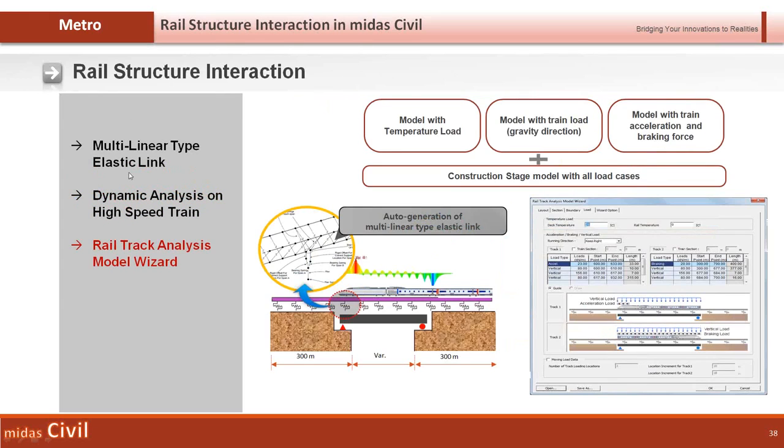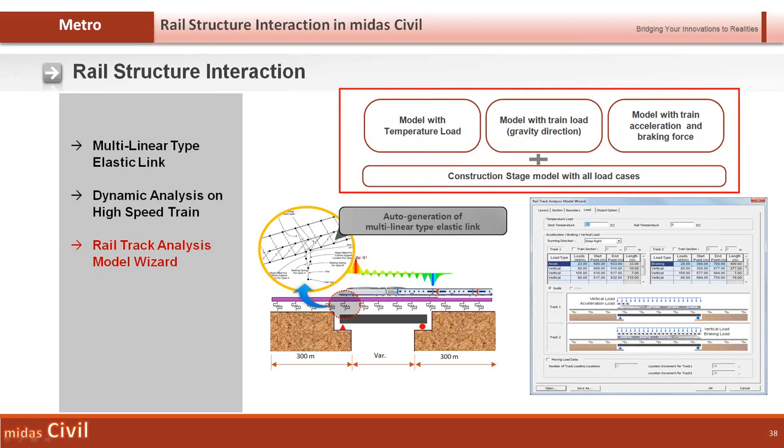Also, finally, we check on the rail track analysis model wizard. We have specific wizards for rail structure interaction, where you can model the temperature load, the train load and train acceleration or braking load together with the construction stage of all these load cases.